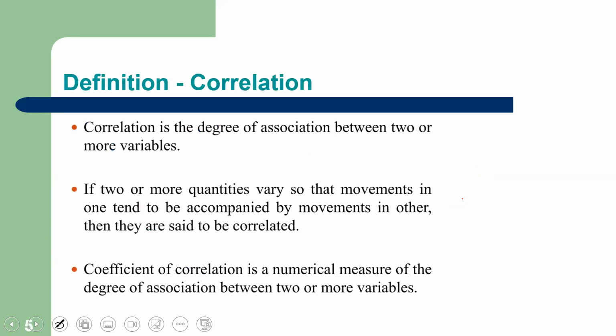So let's get into the definition of correlation. What do we mean by correlation? Correlation is the degree of association between two or more variables. When we start our analytical process, mainly in the pre-processing part, when we want to understand the data set, as you know, a data set is a collection of variables.